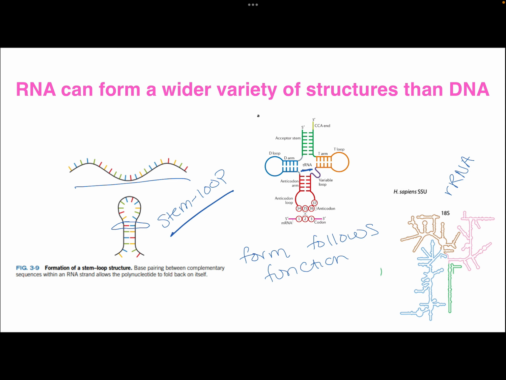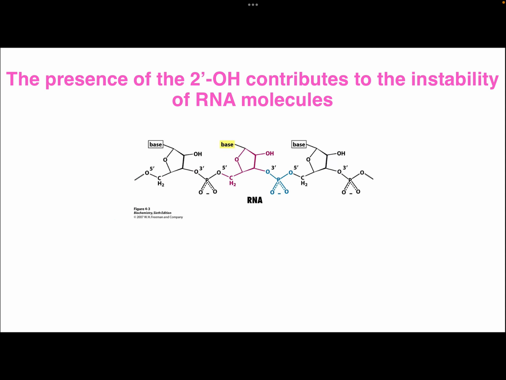But we also said that despite this versatility, and possibly a necessity of that versatility, RNA is very unstable. And the major reason for this is the presence of this 2' hydroxyl group, because that 2' hydroxyl group leaves RNA very susceptible to hydrolysis, specifically base catalyzed.